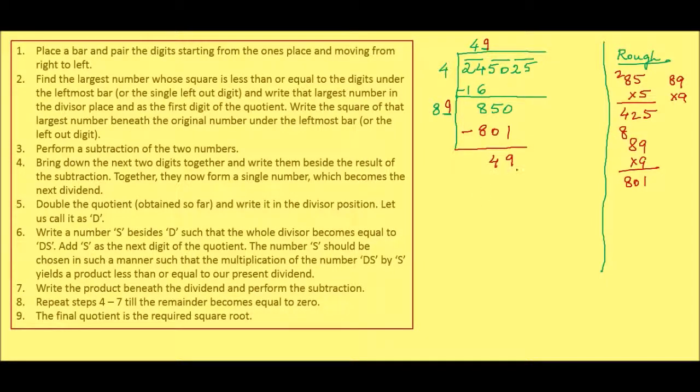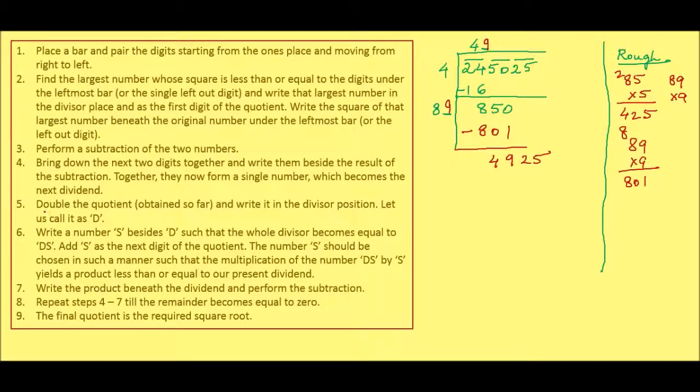Since 49 is not equal to 0, we have to move back to rule number 4, which says that bring down the next two digits together and write them beside the result of the subtraction. The next two digits are 2 and 5, so we will be bringing them down. Together they now form a single number, that is 4925, which becomes the next dividend.